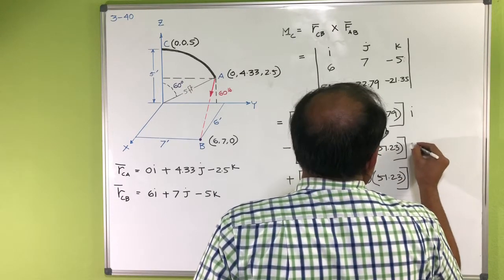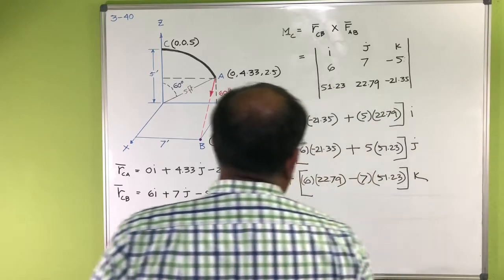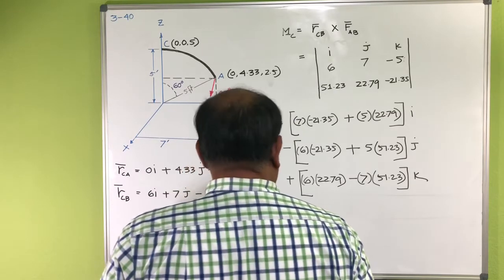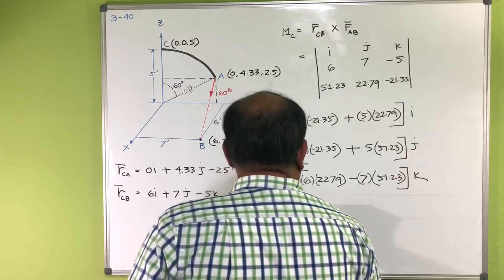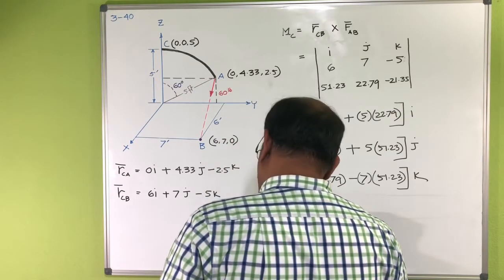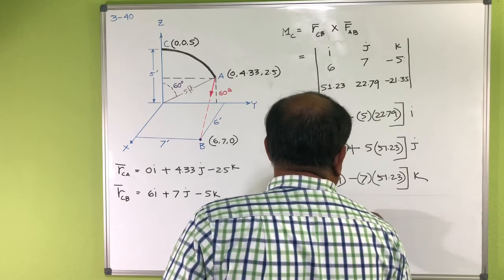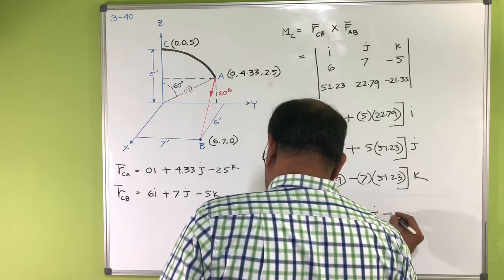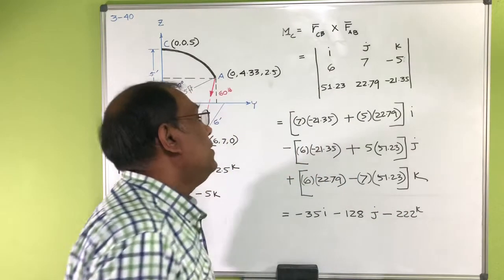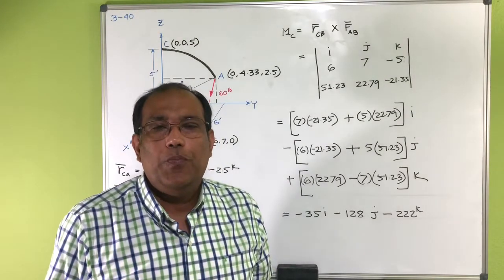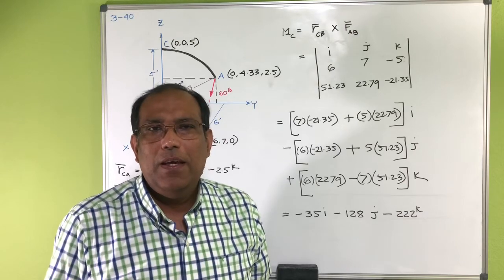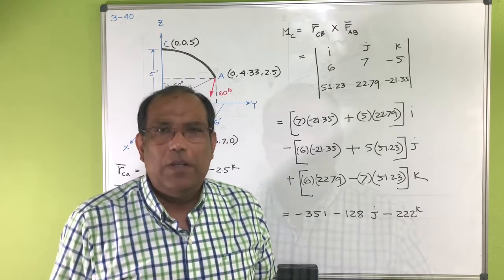Sorry, here is J and there is K. So if you simplify that one, you will get minus 35I minus 128J minus 222K. Okay? So you can solve that problem with both ways. Let's move forward.